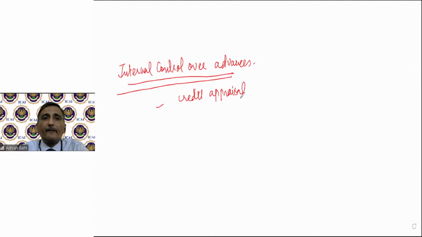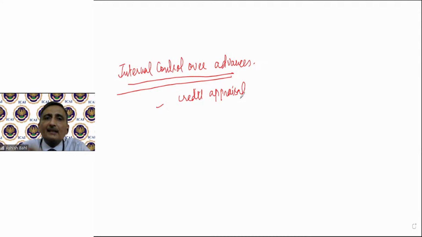Like credit appraisal. Now, what I would be seeing as an auditor relating to internal control over advances is whether the branch is conducting credit appraisal properly or not. It would be my duty. Whether loan applications are being received properly, filled up, and evaluated, and on the basis of that recommendations are made.